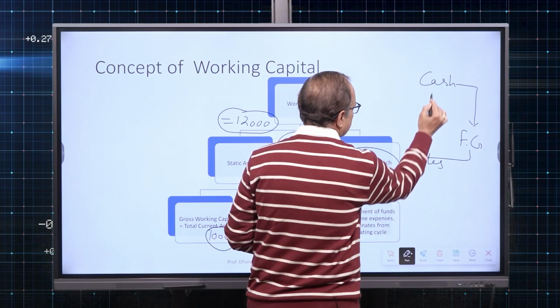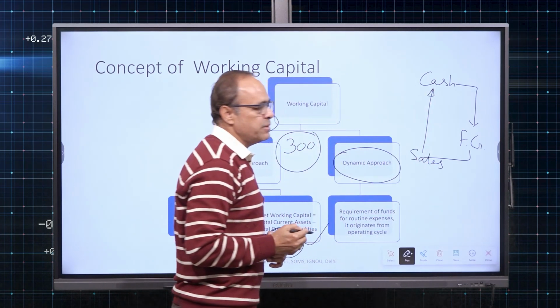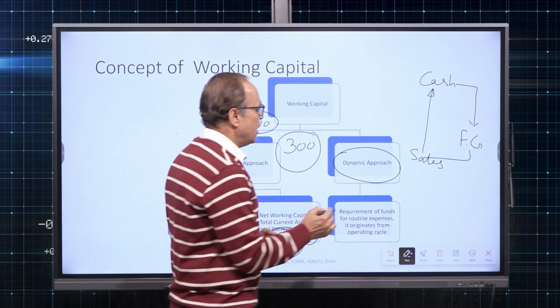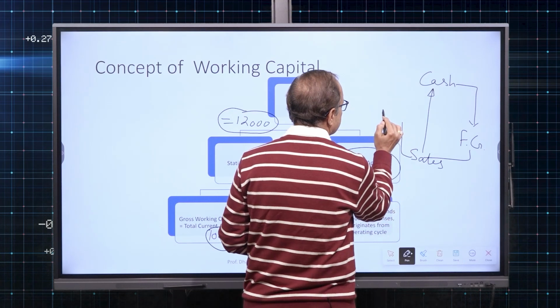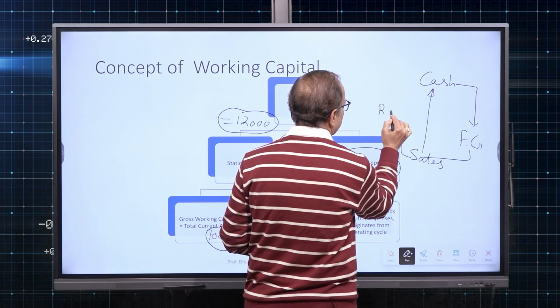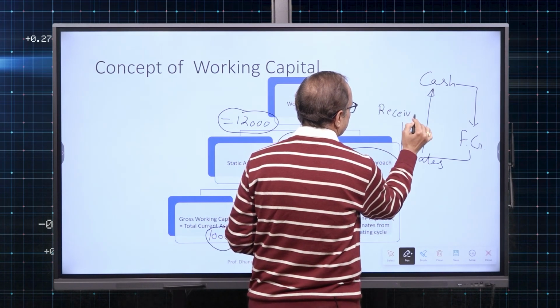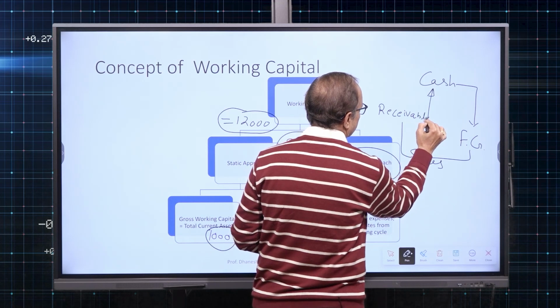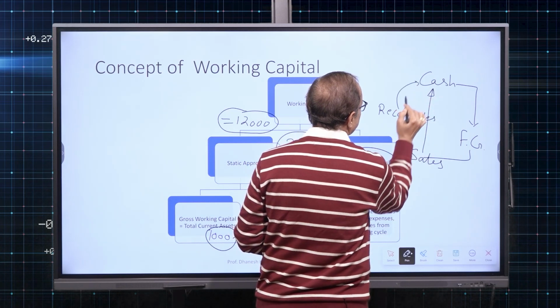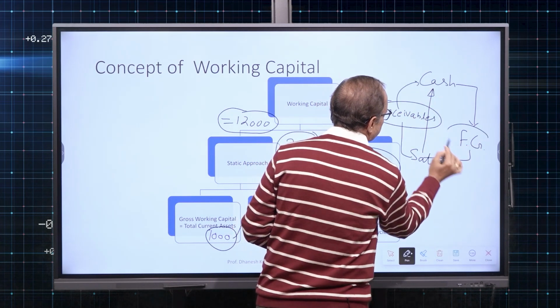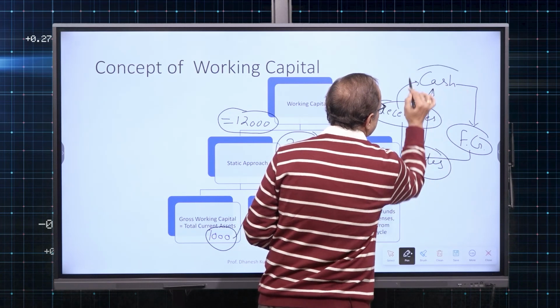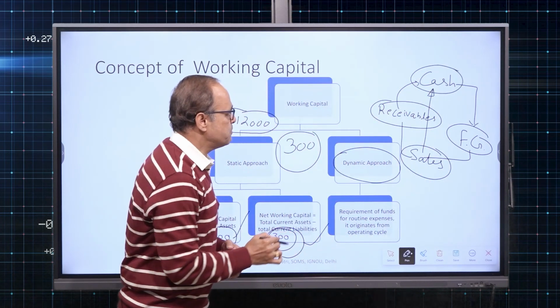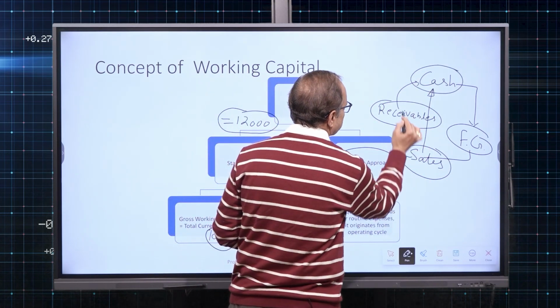Now, if it is in cash, it will immediately get converted into cash. However, if we have credit sales, we get receivables, and those receivables will be realized subsequently. So, this is particularly the operating cycle.